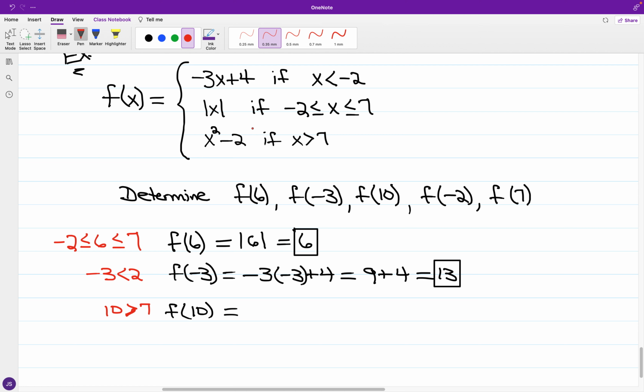But now what do I do with 10? I'm looking at the expression in front of the inequality. So now we'll be looking at the square of 10 minus 2. And 10 squared is 100. And we have 100 minus 2, so this will come out to 98.